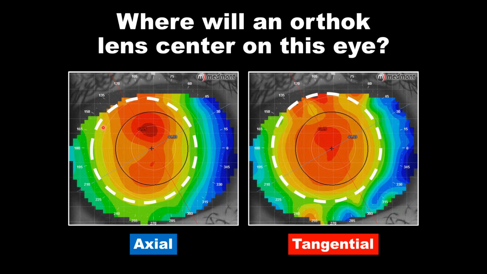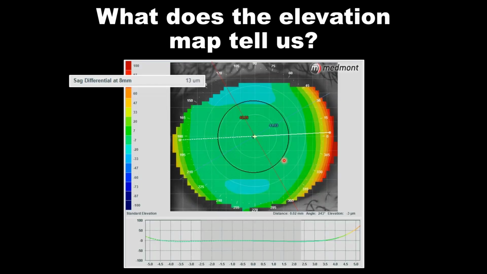And you notice that both of these dotted white rings appear to be pulled temporally. So if we fit this patient with an orthokeratology lens, you would expect the blue treatment zone to be slightly temporal of apex. Certainly both the tangential and the axial agree on that topic.